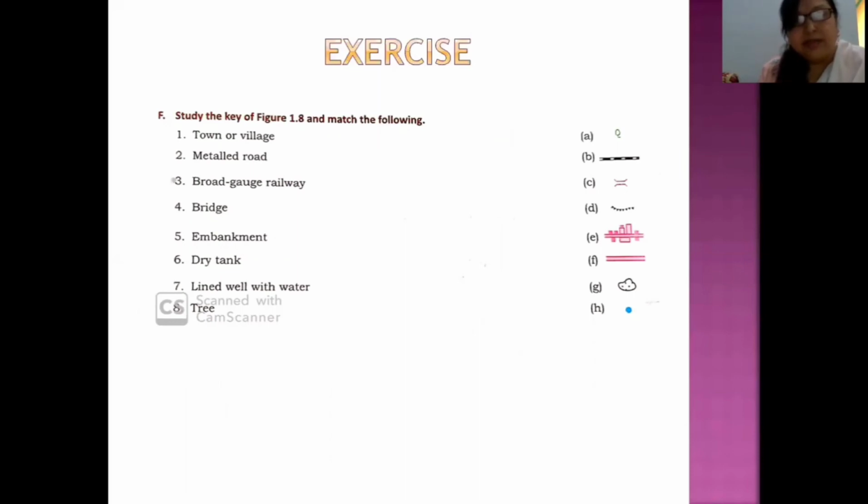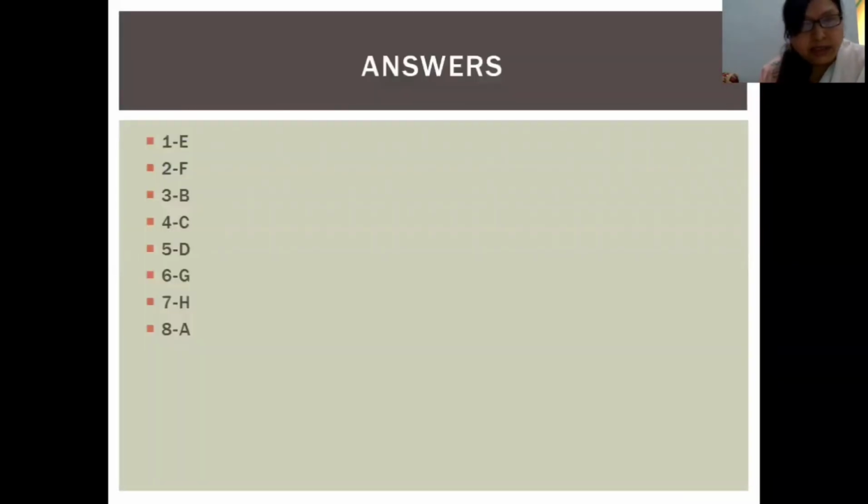So here some symbols are given to you with a key, and the names of the things are given in list A, and we have to match them with the figure in list B. The answer for this figure and the symbols is: the first one is E, second F, third B, fourth C, fifth D, sixth G, seventh H, and eighth A.